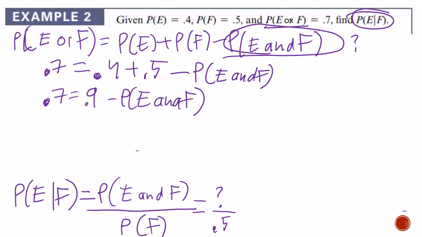Okay, if you're not seeing it, that's okay. That's a subtraction. Let's just isolate it. If I want to isolate this, I need to subtract 0.9. So I would have negative 0.2, which would be a problem if that was my final answer. But it's not because these 0.9s cancel out and I'm left with negative.